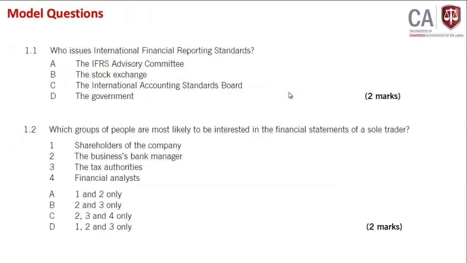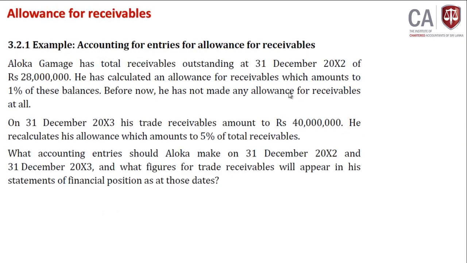Loss allowance account. Alok Gamage has total receivables outstanding at 31st December 2002 of 28 million. He has calculated the loss allowance for receivables to be 1% of this balance. Before now, he has not made any allowance for receivables at all. This is the first time they are going to make a loss allowance.